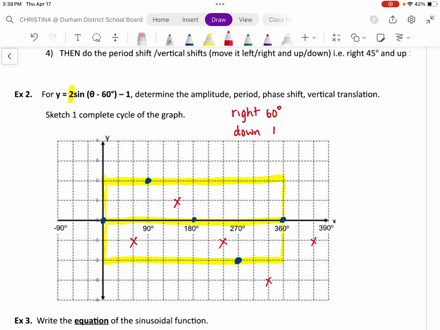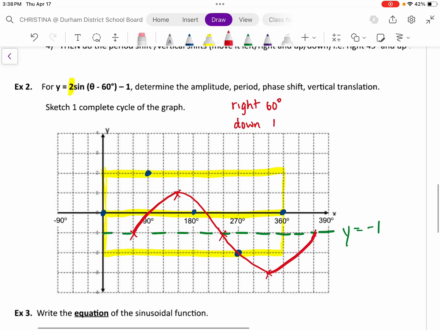So there's my new curve. You can put in your axis, so this one is going to go across at -1, and then you're going to curve it up. Go down to the axis, goes down to the minimum, and then back up to the middle. So there's your new curve.